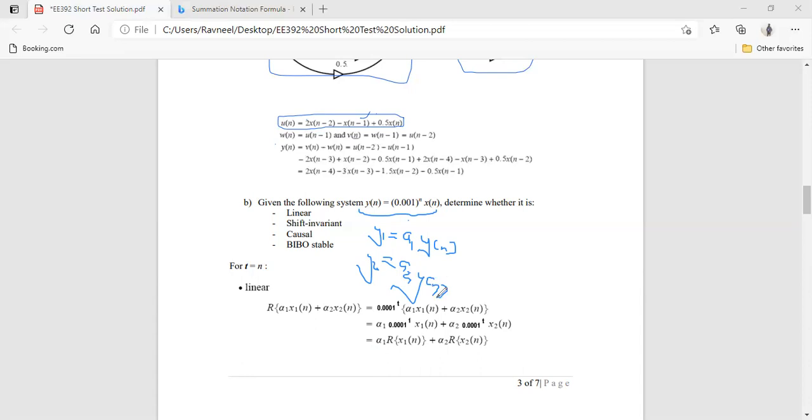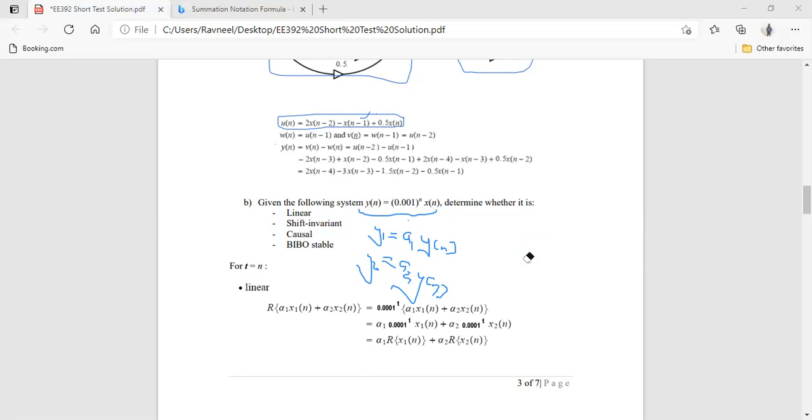This is the multiplication part. If it is linear, you should end up with y of n being the summation of both y1 and y2. Okay, you get that much. I believe this is simple.